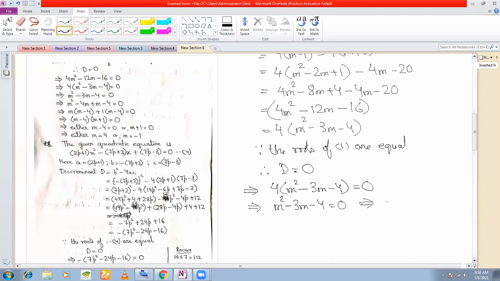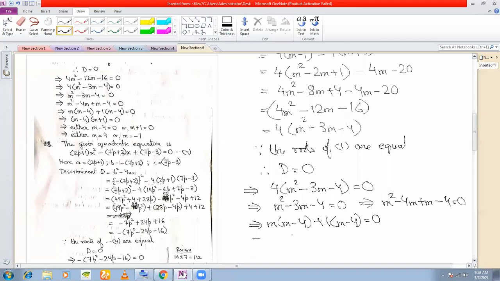That means now you factorize this. How do you break the minus 4 into 2 factors such that the sum is minus 3? Minus 4 plus 1. So m square minus 4m plus m. Okay, now from the first two terms, you take out m. From the next two terms, you can take out 1.